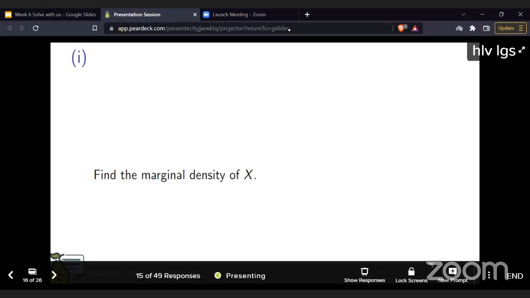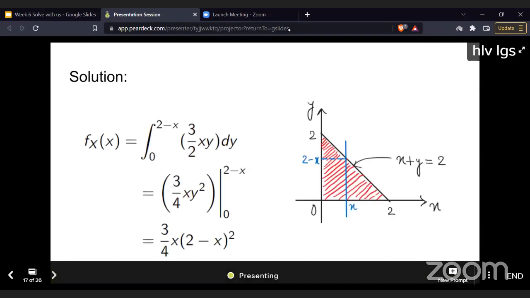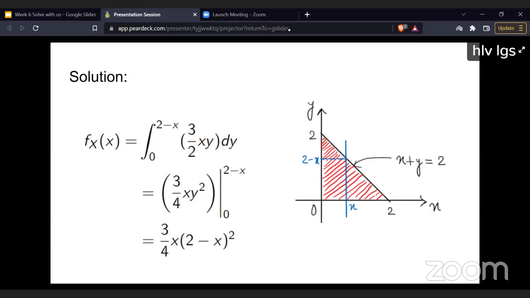This is how the region will look if you plot the distribution. Since you have to find the marginal density of x, I will integrate f(x,y) over dy, and to find the limit of y, I am drawing a vertical strip.